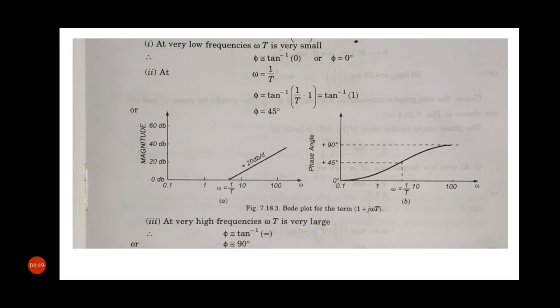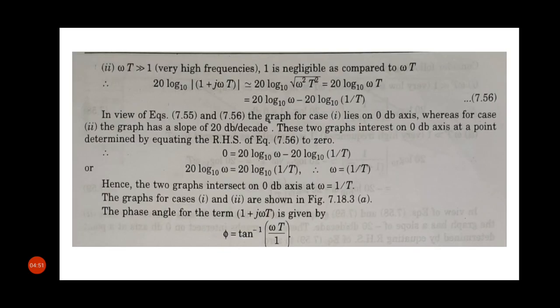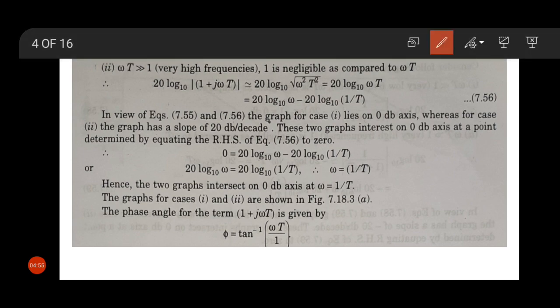Then we find 0 equals 20 log 10 omega minus 20 log 10 1 by t. Okay, so from this equation we can write omega equals 1 by t. Hence the two graphs intersect on the 0 dB axis at omega equal to 1 by t.